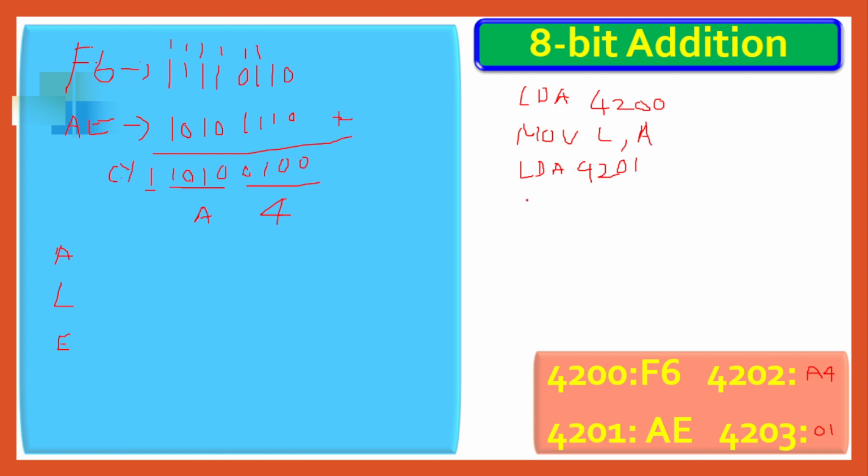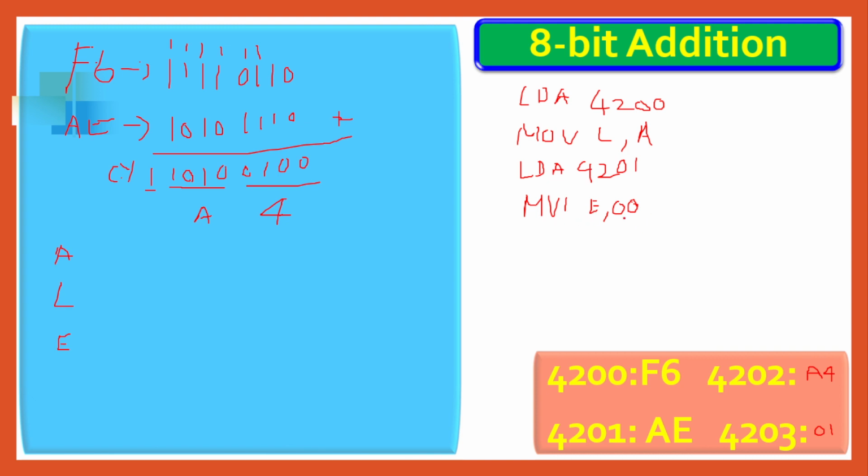Now we have to clear the E register for carry, because it might have some data from the previous program. To clear that we will use move immediate 00. LDA is direct addressing, and this one is immediate addressing.